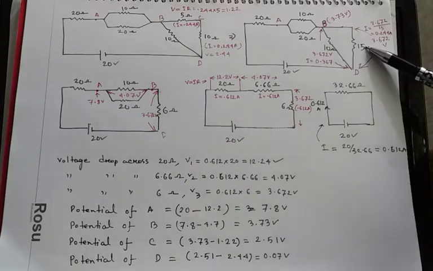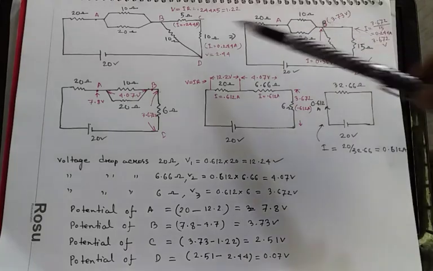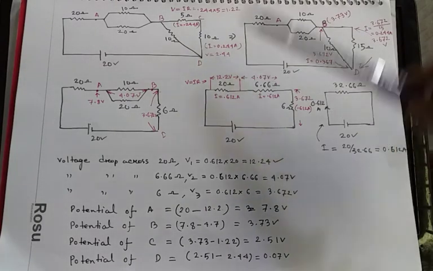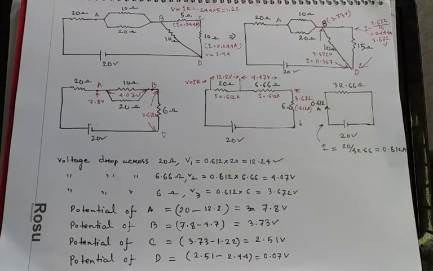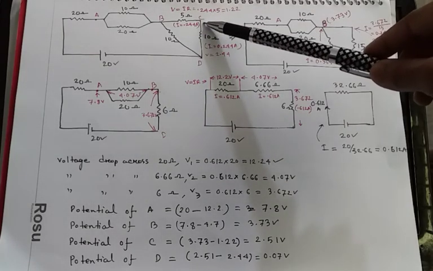Here we have got the current is 0.244 amps. That means for 5 ohm the current will be 0.244 amps, and for 10 ohm the current will be 0.244 amps. So now our motive is to calculate the potential for point C.